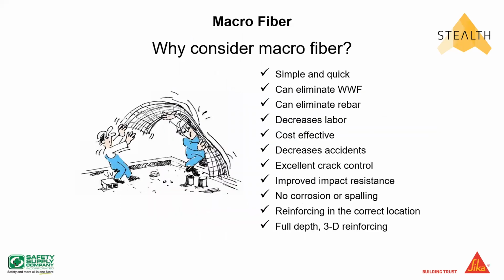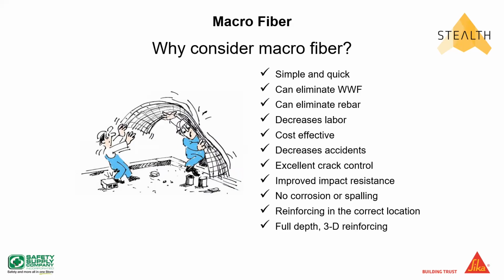Okay, so I've mentioned quite a bit of these, but why should you consider macro fiber? It's simple, it's quick. We mentioned that it can eliminate the welded wire fabric. In many cases, not all, but in many cases, we can take the rebar out of the slab and replace it with fiber. It decreases the labor, as we talked about.